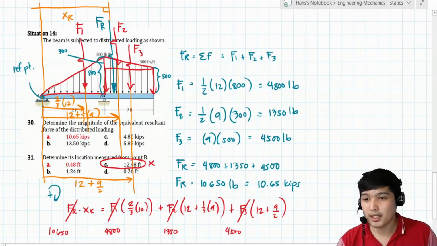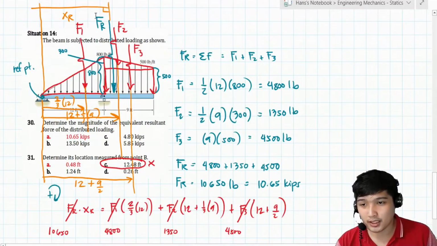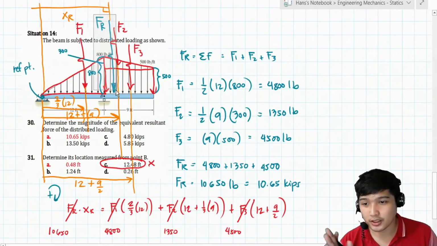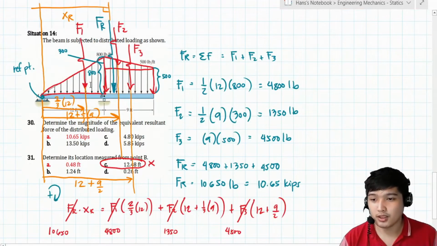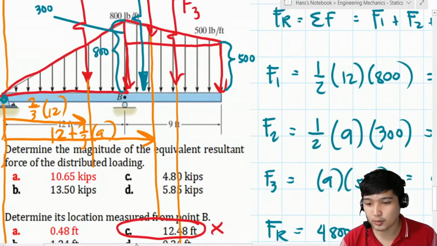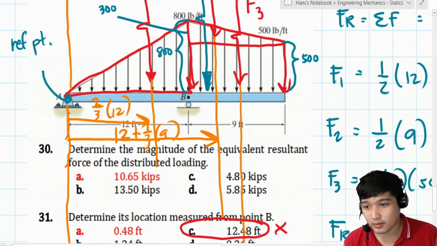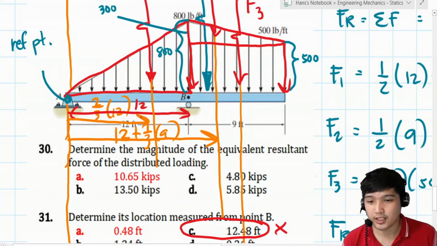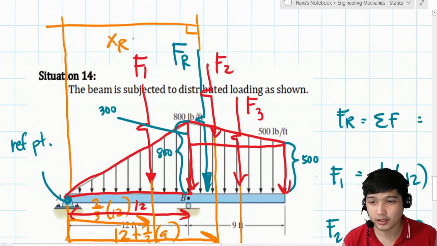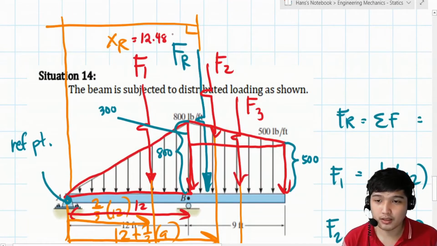So ngayon, verify natin no, kung tama ba yung drawing natin na siya is on the right nung B. So, di ba, ang distance from A to B, no, from A papunta dito sa B, ayan, is 12, no, base sa figure. Eh, siya is 12.48. O, di tama nga, nasa right siya. 12.48 feet, di ba?